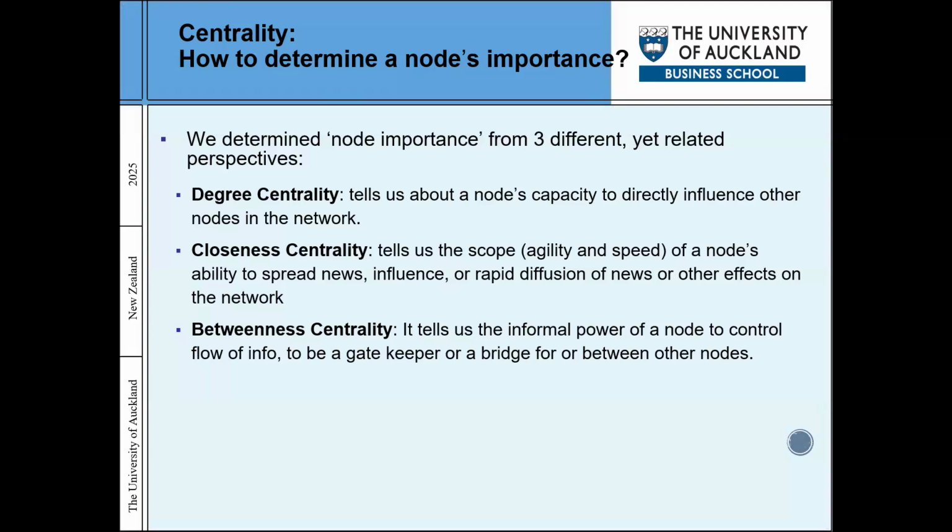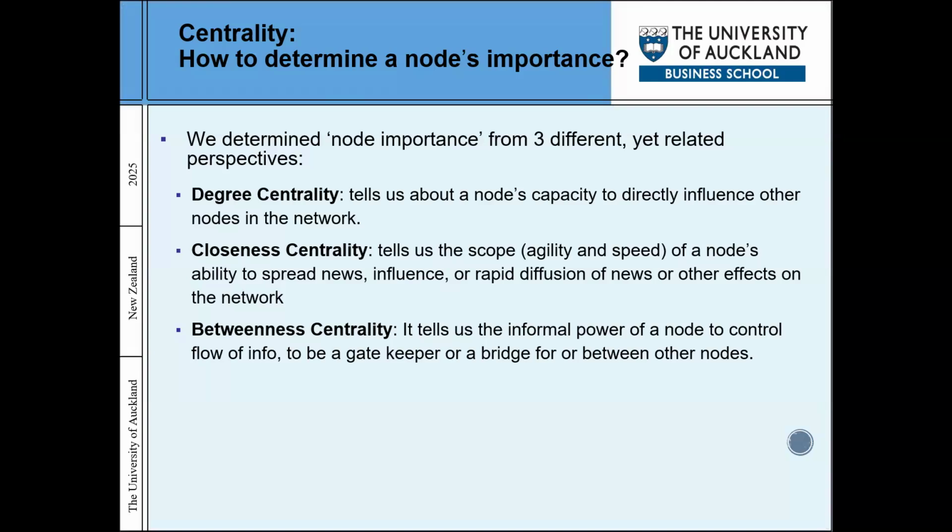And the thing is that if all of them would determine that a node is the highest for each one of those, well, that would be the most important node in the network, and that's the end of it. It turns out that these three may give us ambiguous results. Sometimes betweenness is higher for one node and closeness is highest for another one.